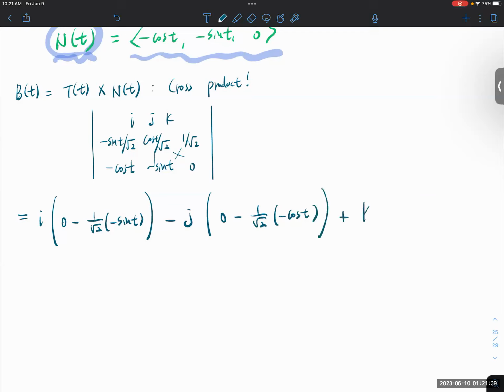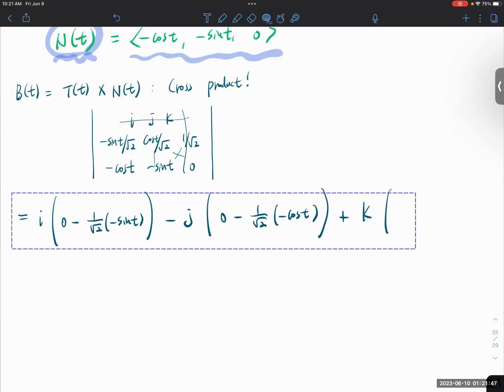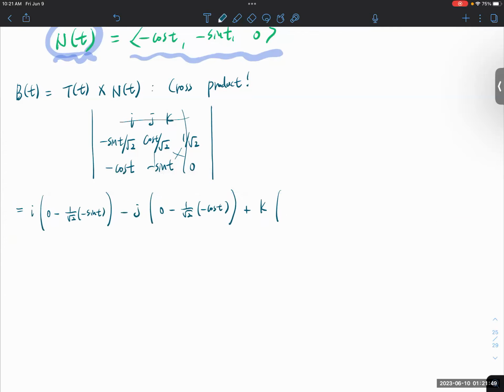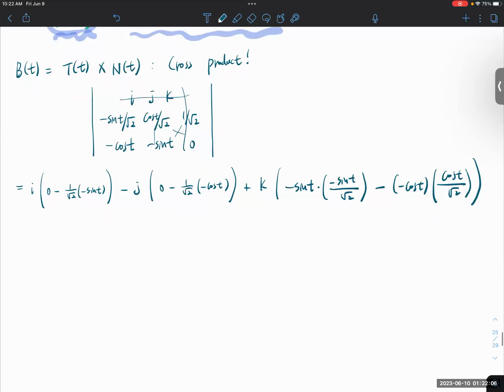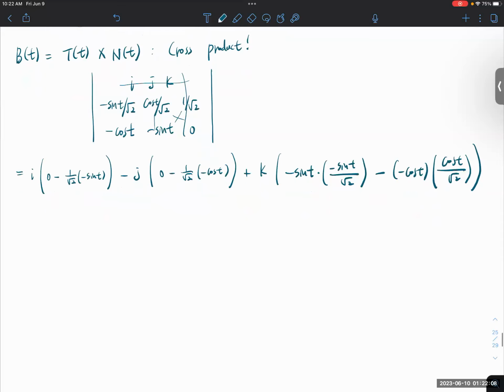And then the last one, k. Oh, that's a little bit long. Negative negative is a positive, so you can minimize it so that I can write all the information. Negative sine t times negative sine t over radical 2, and minus cosine t times cosine t over radical 2. So this is the last part. Let's simplify.